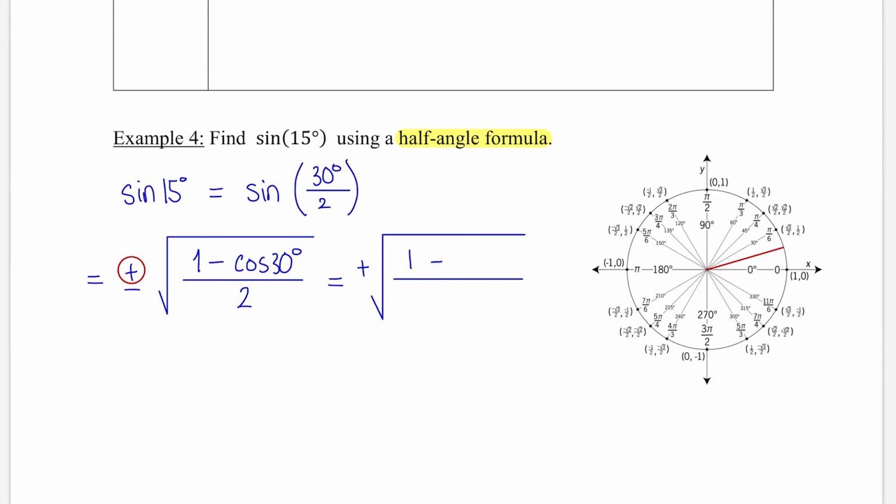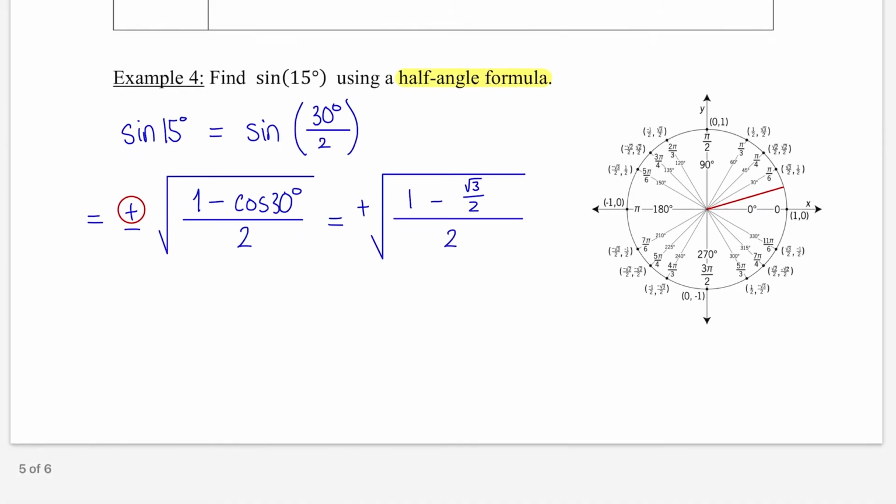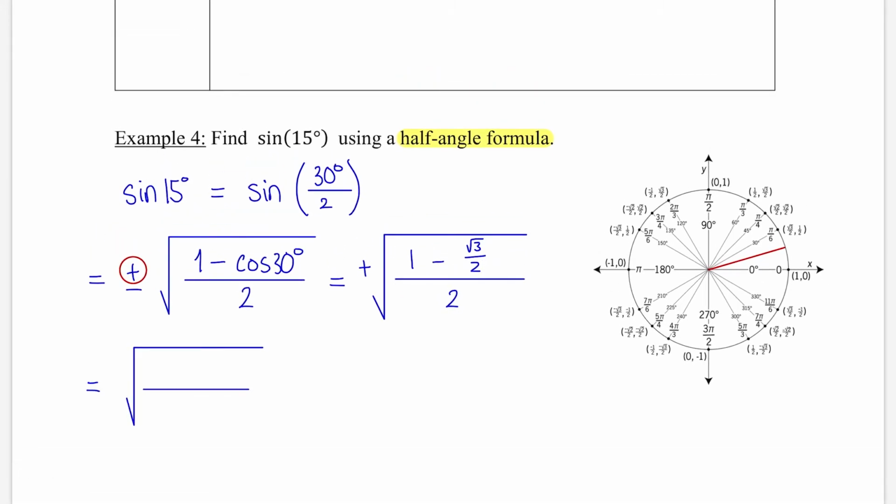1 minus cosine of 30 degree. 30 degrees right here, and cosine of 30 degree is root 3 over 2. So I have 1 minus root 3 over 2, and then divided by 2. I will take 1 minus root 3 over 2. I replace 1 with 2 over 2. So we'll have 2 over 2 minus root 3 over 2, which is 2 minus root 3 over 2, and then over 2.